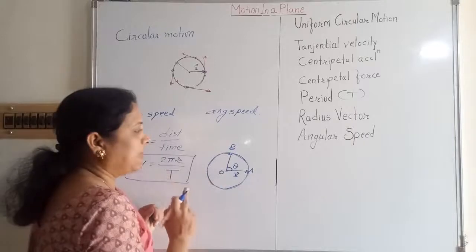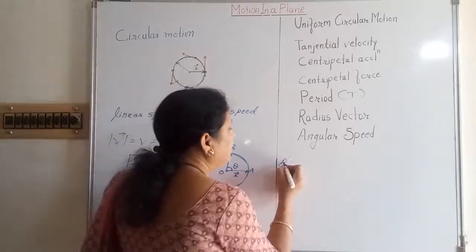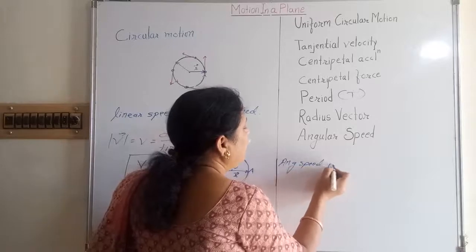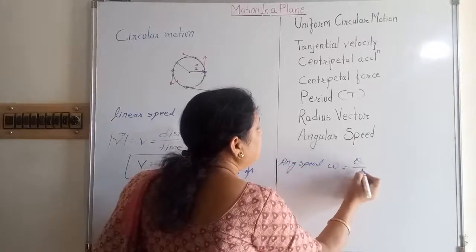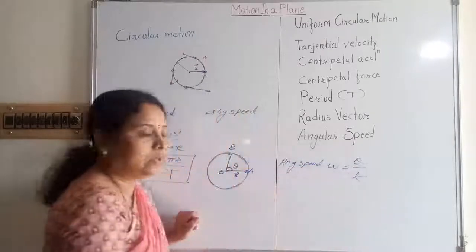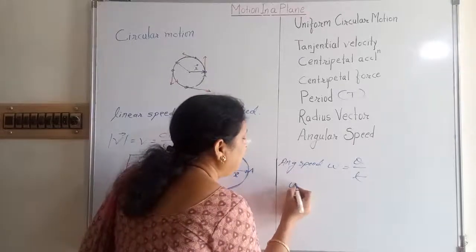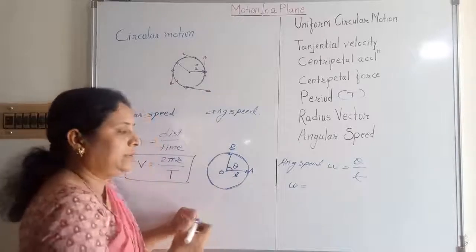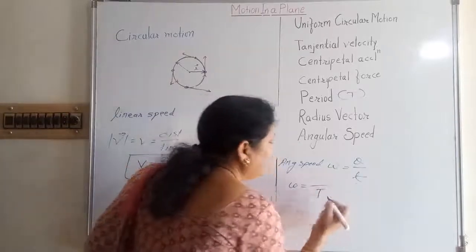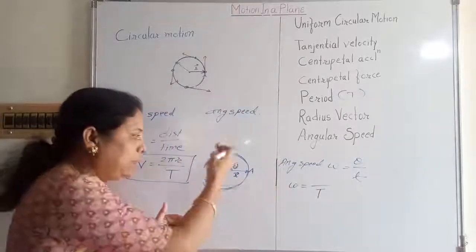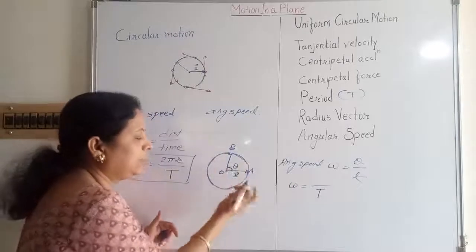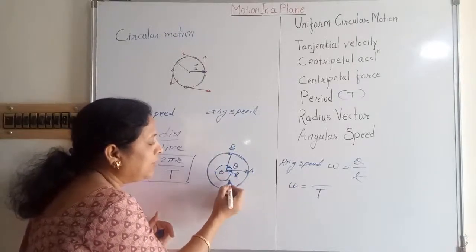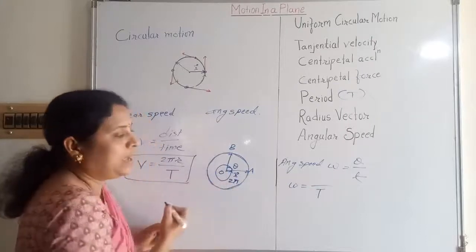So see here about the angular speed. In the angular speed, we take omega, that is the angular displacement upon time. So for angular speed, we can find one formula. When we take capital T, the period, in one complete period, एक रिव्होल्यूशन कंप्लीट होते. एक रिव्होल्यूशन कंप्लीट झालं तर already told you that angular displacement is 2 pi radian.